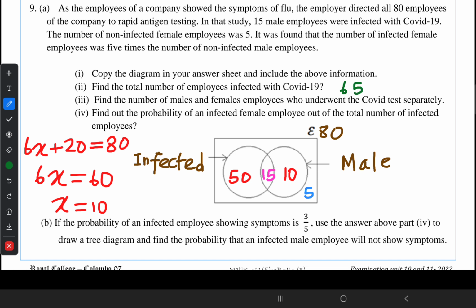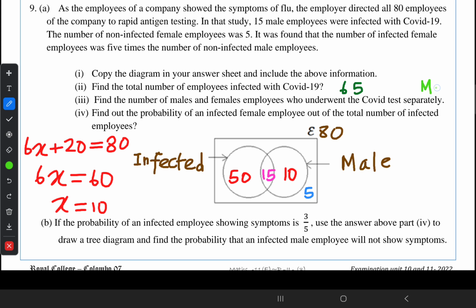Next, find the number of male and female employees who underwent the COVID test separately. So, male, I will write the male count.